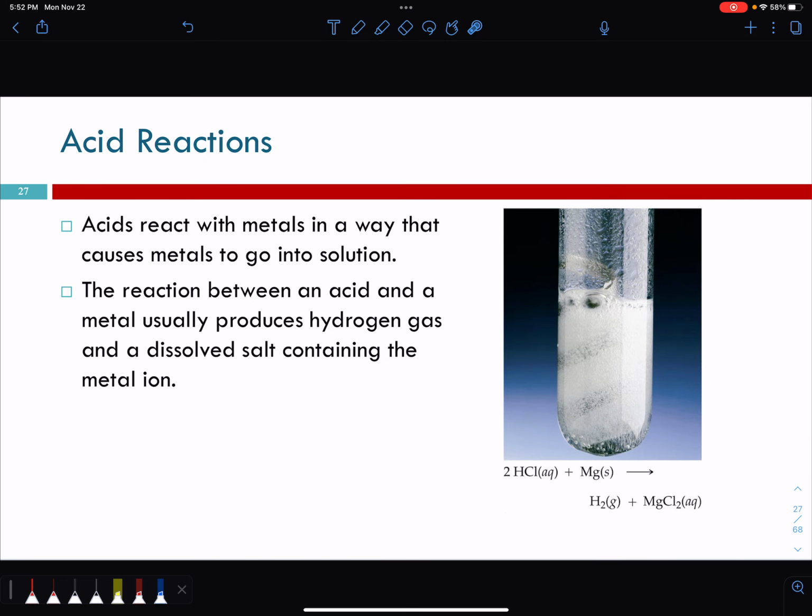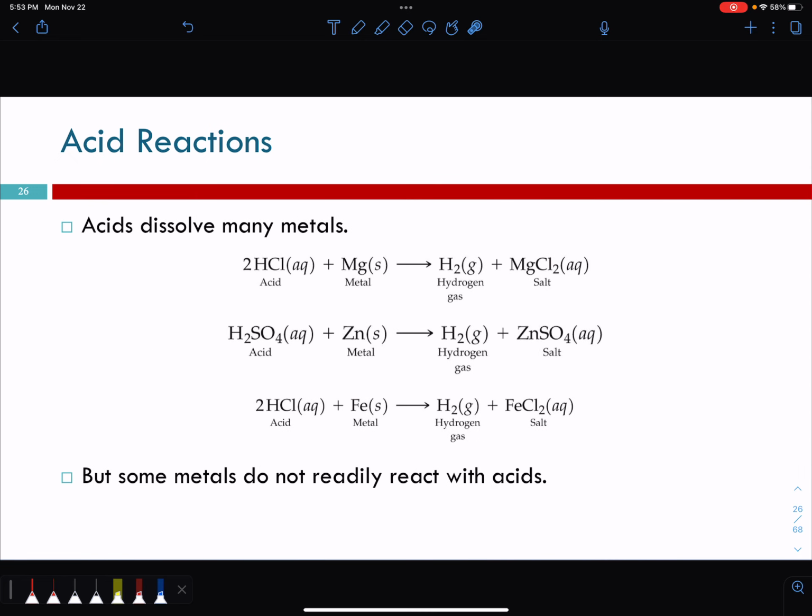One of the trends with acids is that they form a salt. Our acid-base neutralization reactions produced a salt and water. Our metal acid dissolution reactions, I don't know if these have a specific name, will produce hydrogen gas and a salt.